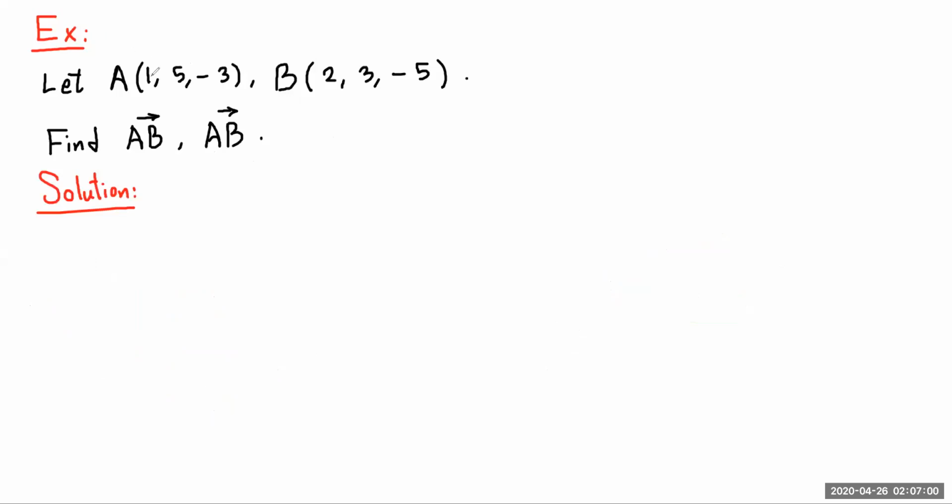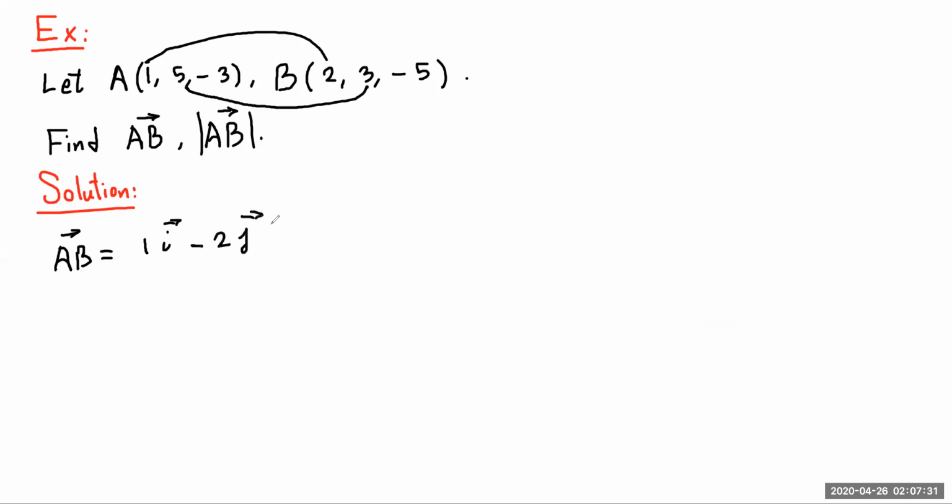Exercise. Let A be (1, 5, -3), B (2, 3, -5). Find the vector AB and the length of the vector AB. So what is the vector AB? The formula was xb minus xa, subtraction, 2 minus 1, it's 1i, 3 minus 5 is minus 2j, plus minus 5 minus minus 3, so minus 2k.